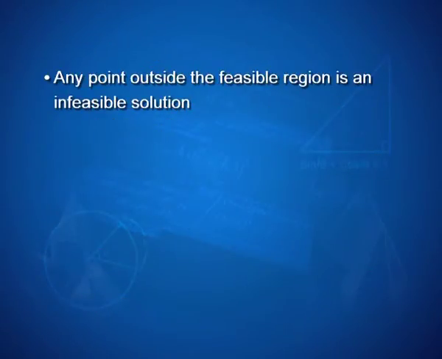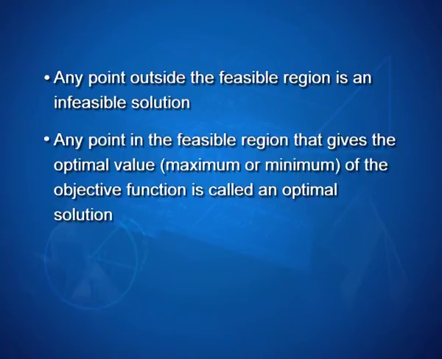Any point outside the feasible region is an infeasible solution. Any point in the feasible region that gives the optimal value, that is either maximum or minimum as a requirement of the objective function, is called an optimal solution.